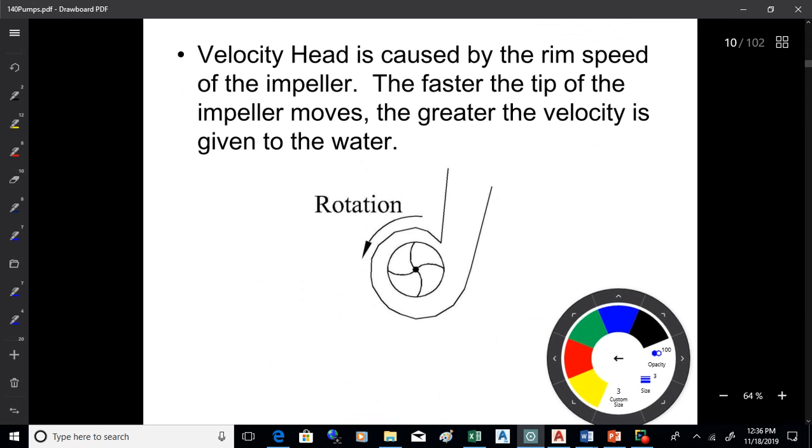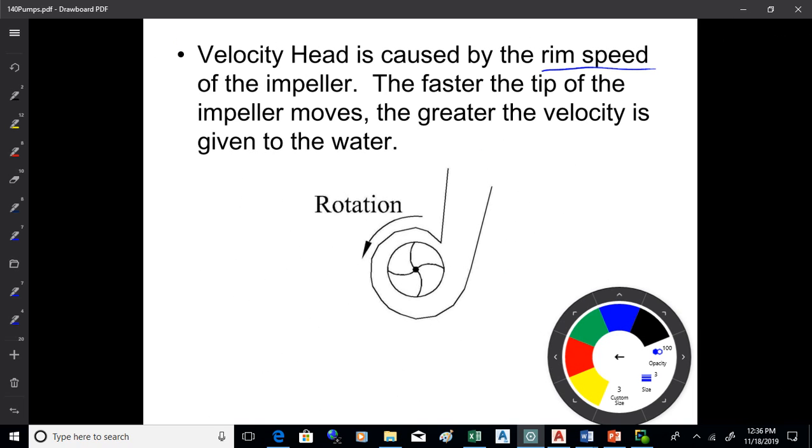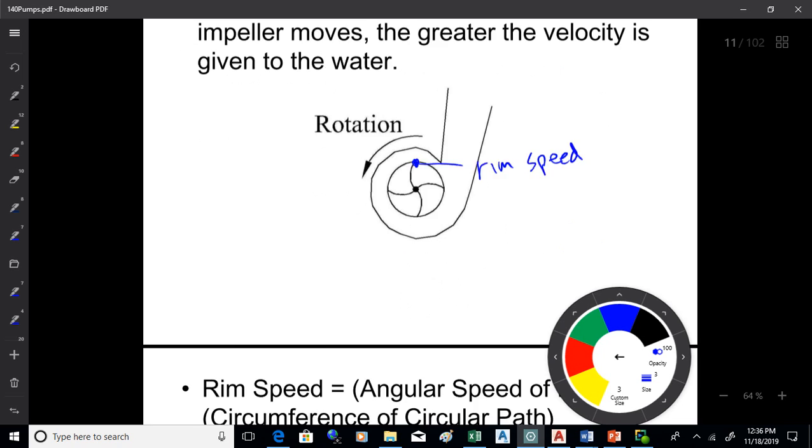All right, now one of the basic parameters here is the rim speed, because that's the speed on the rim of the impeller. How fast the outer edge of the impeller is spinning. The faster the tip of the impeller moves, the greater the velocity and the greater the velocity head.